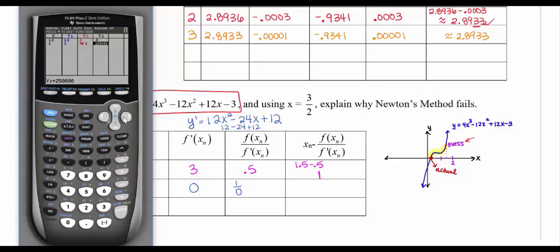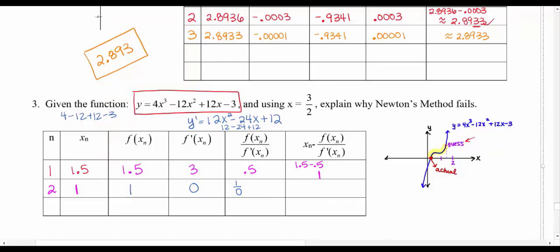Something as big as 250,000, there's no way that we are 250,000 away from our guess. So if you were using your calculators, that's that idea that 1 over something really, really small is really, really big, right? So it's telling me that this cannot be calculated.